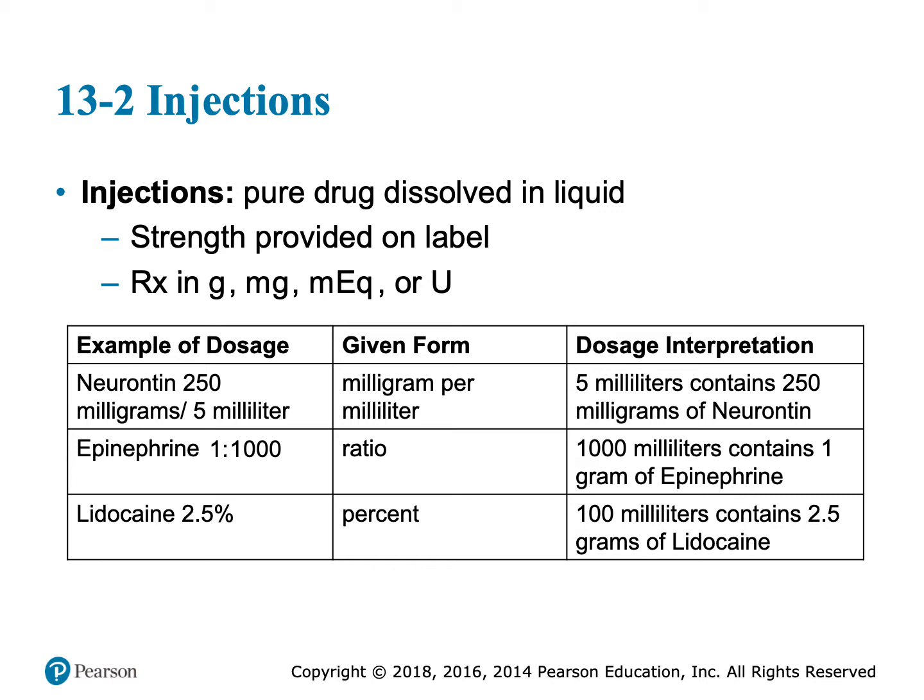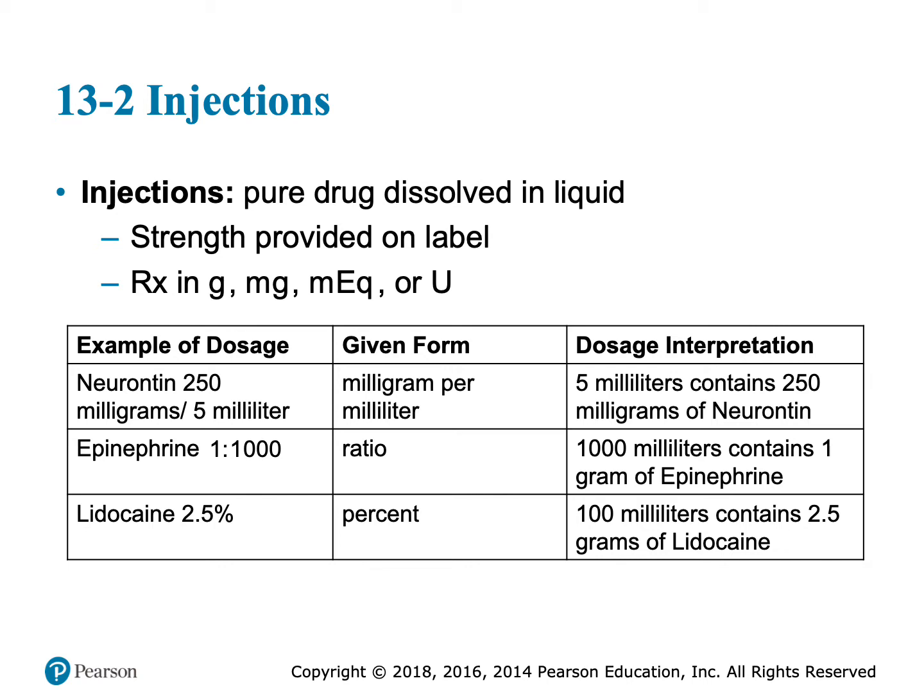So here we see in this table some examples. First example is Neurontin, 250 milligrams in 5 milliliters. So the given form is milligrams per milliliter. And how do we interpret this? Well, we interpret it as 5 milliliters of solution contains 250 milligrams of Neurontin.